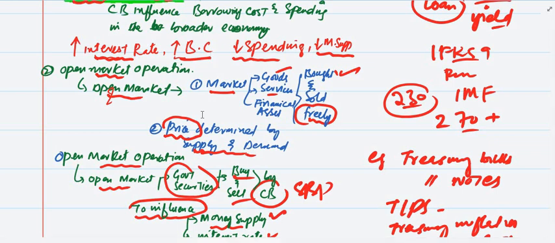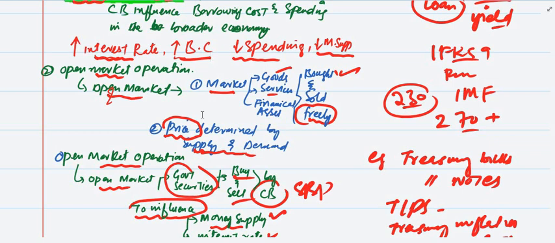But what is an open market? An open market refers to the market where goods and services and financial assets are bought and sold freely without any restriction. There is no hurdle.